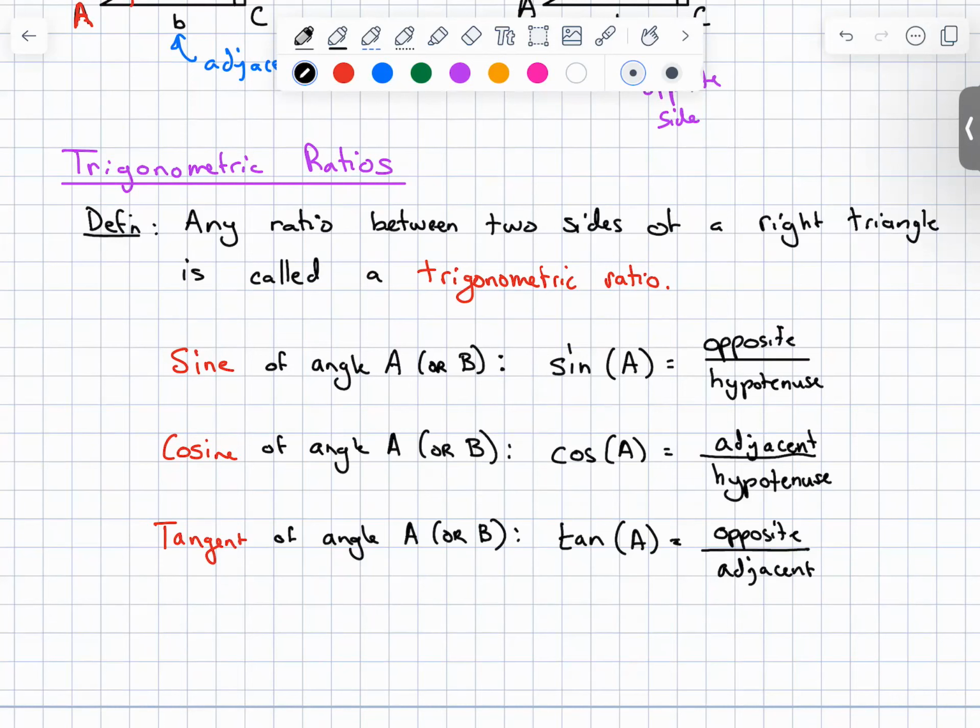Either way. So sine, opposite over hypotenuse, cosine, adjacent over hypotenuse, and tangent, opposite over adjacent.